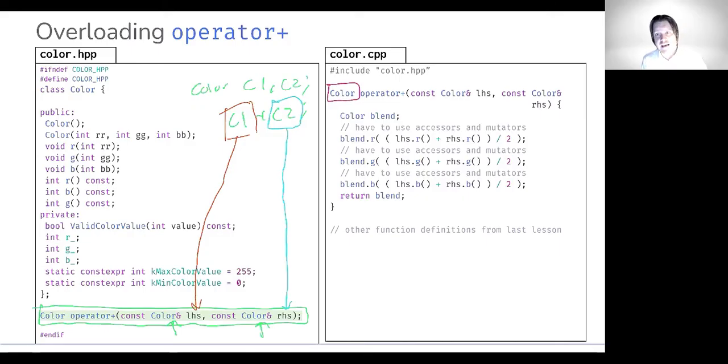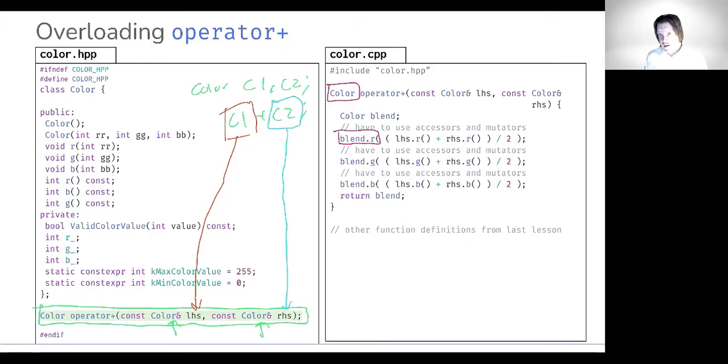So if we'd like to return essentially the left-hand side color and the right-hand side color blended together as a new color, for blend, I'd have to do something like blend.r, or I could use a parameterized constructor. This way might just be easier for you to read at this point.